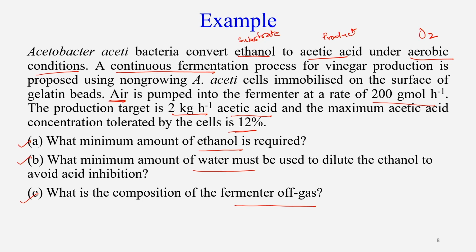So, first what do we have to do? We have to go for a first step to draw the flow diagram. This is your fermenter. Inlet, what is inlet? It is the feed. Let us say it has E kg per hour of ethanol.